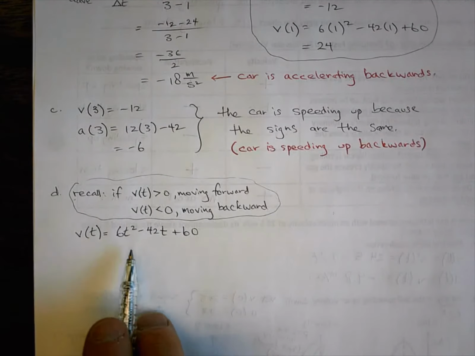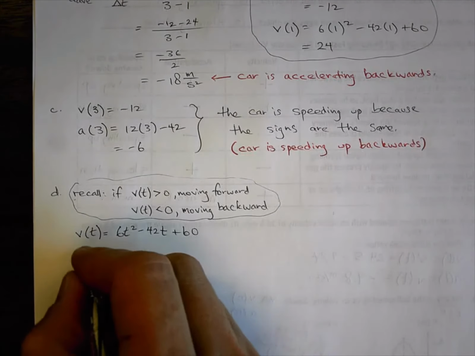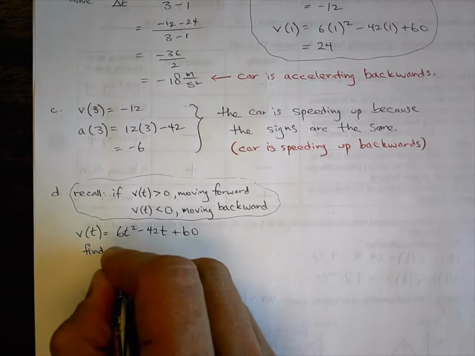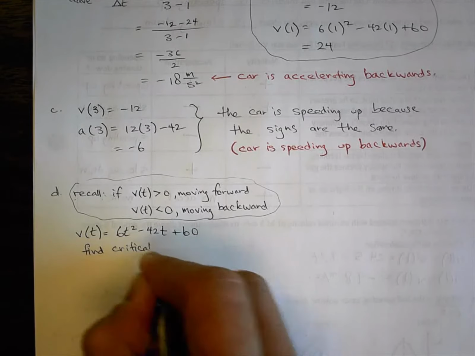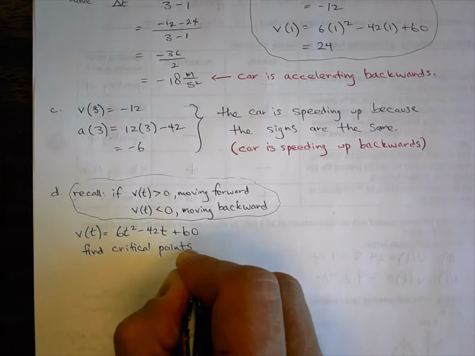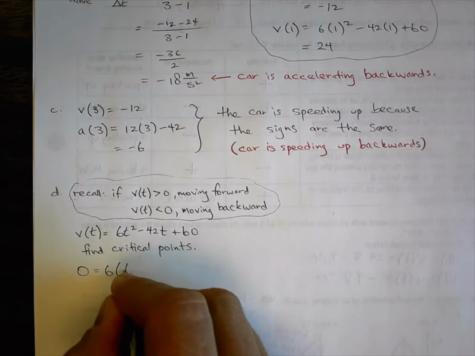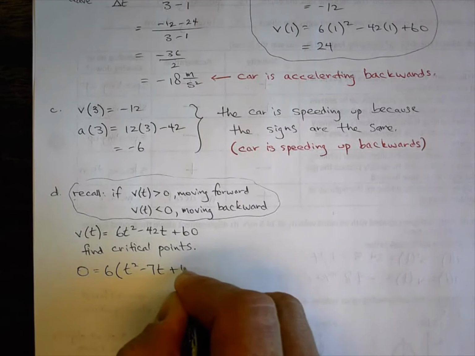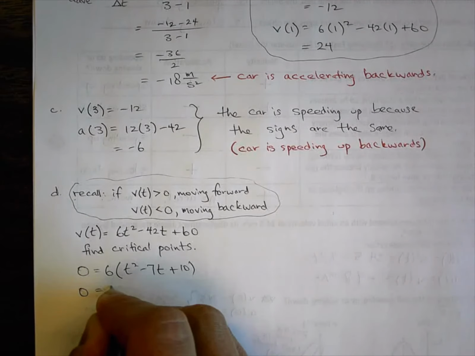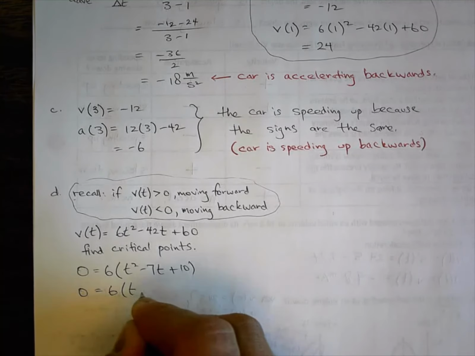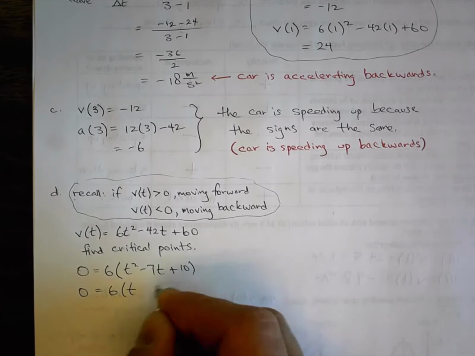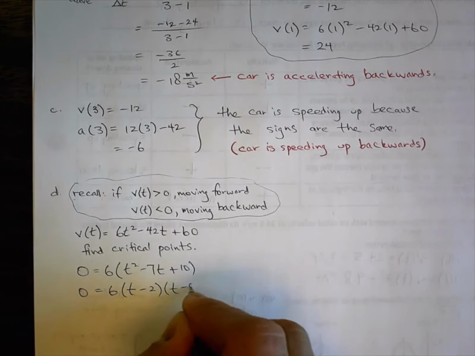The way we do that, we think back to our curve sketching lessons. We want to find the critical points by factoring. So I have 0 is equal to, well, let me factor out the 6, so I get t squared minus 7t plus 10. I can factor this and it becomes 6 times t minus 2 times t minus 5.